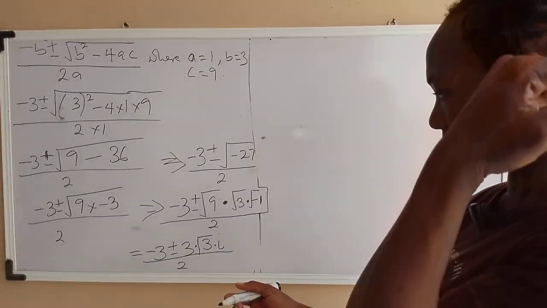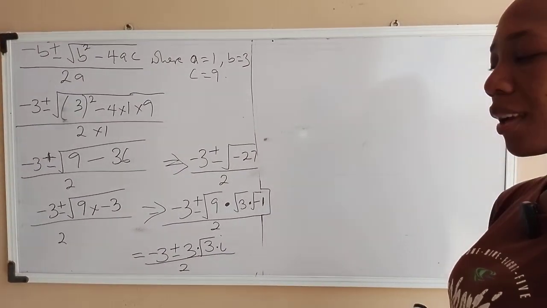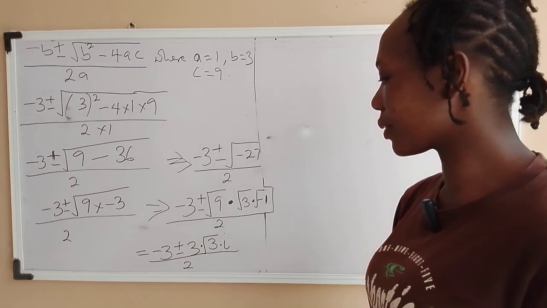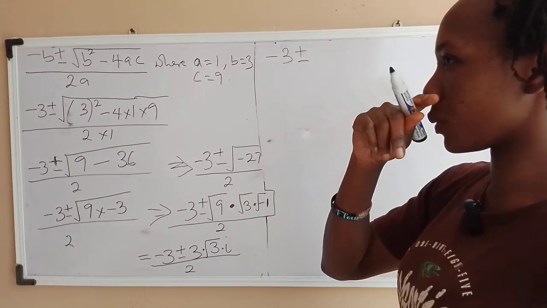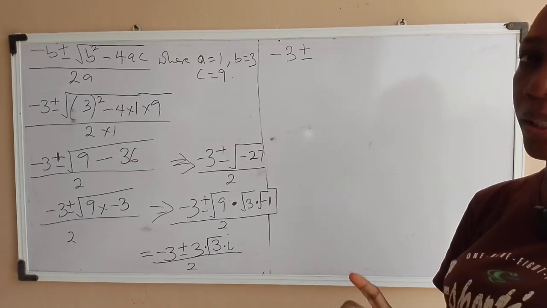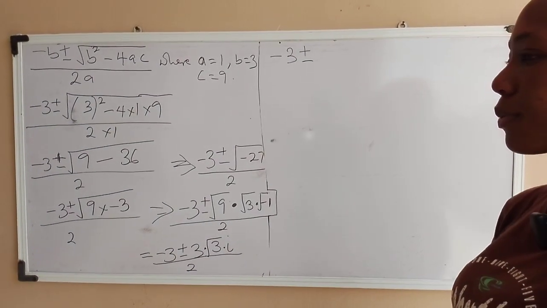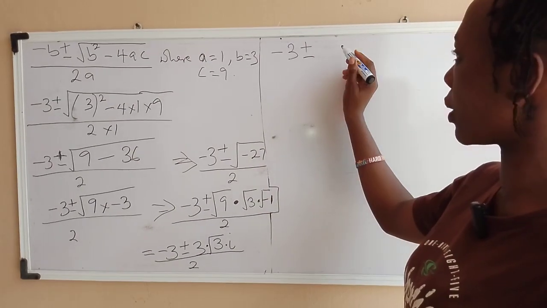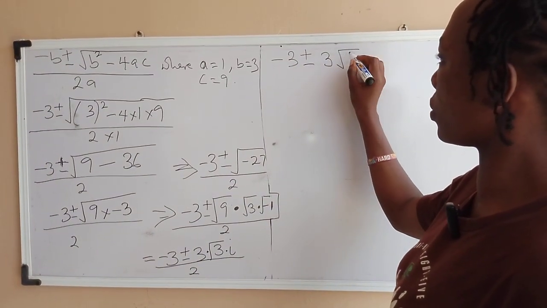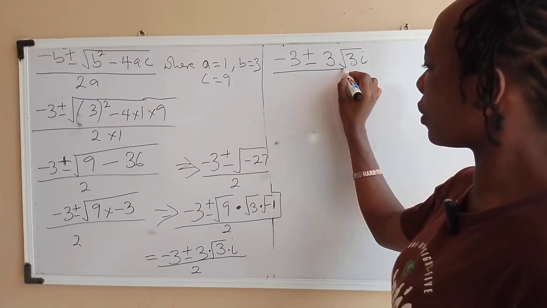Okay, so whenever you're solving a quadratic equation, you are definitely going to get two answers for that particular variable. Now we have minus 3 plus or minus 3 root 3i all over 2.